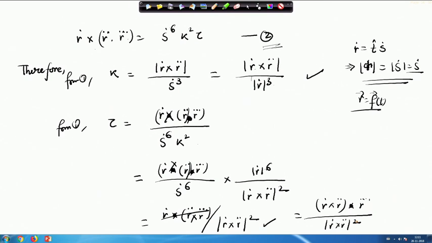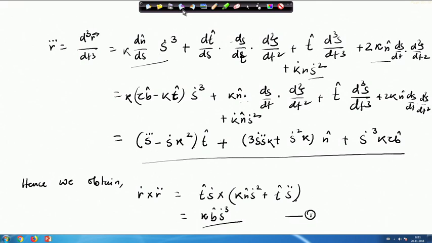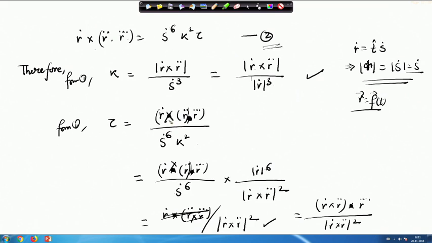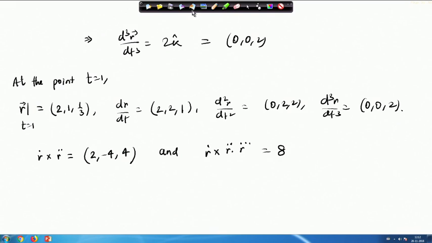I made a small error while copying the results from the previous slide, so that can happen too. The rest of the things are the same. So, r dot cross r double dot dot r triple dot is basically our 8.